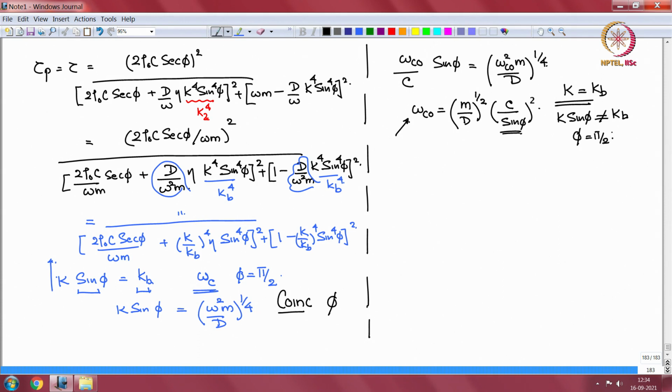So phi equal to pi by 2 is the lowest frequency. If you are below the basic coincidence frequency omega c, then you cannot get coincidence, no coincidence.